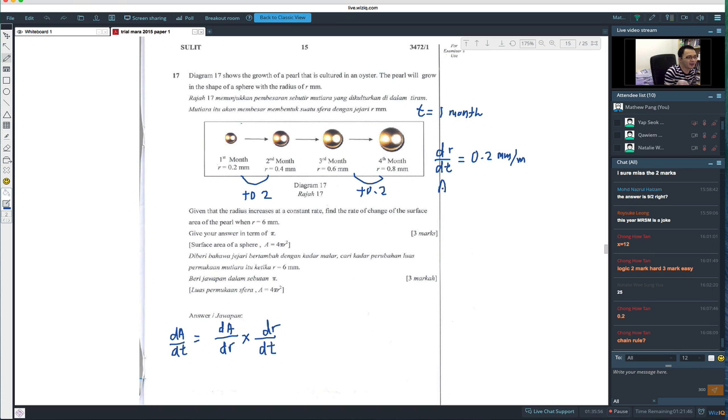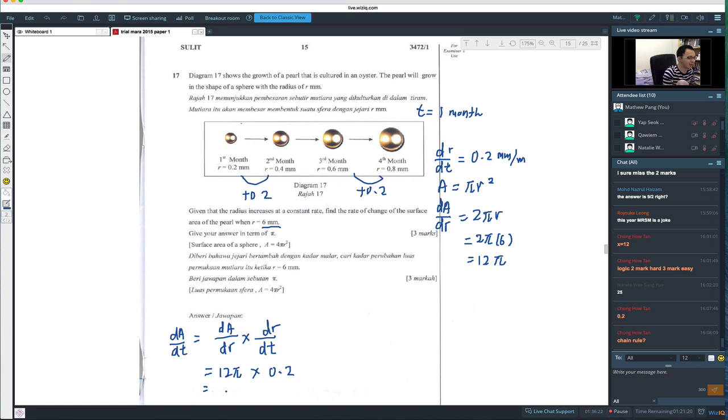So I know area for the circle is pi r square. So dA dr will equals to 2 pi r. And I have my r value, which is 6. So 2 pi 6. So my dA dr equals to 12 pi. So I just substitute everything I have. So this is 12 pi multiple 0.2.